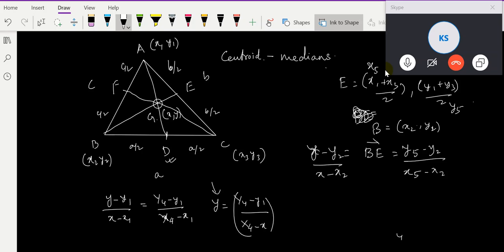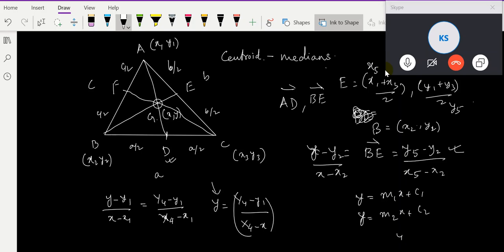So you can find out the equation of AD and BE, okay? And you will get the equations in the form y equal to m1x plus c1 and y equal to m2x plus c2.